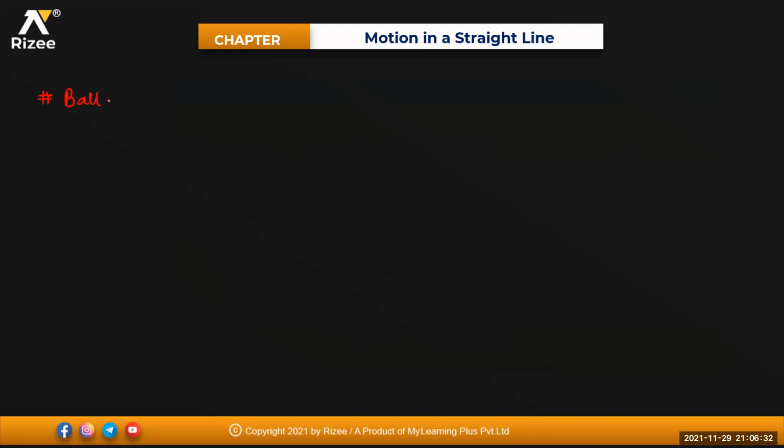Keep the heading: ball when it is dropped from a certain height.